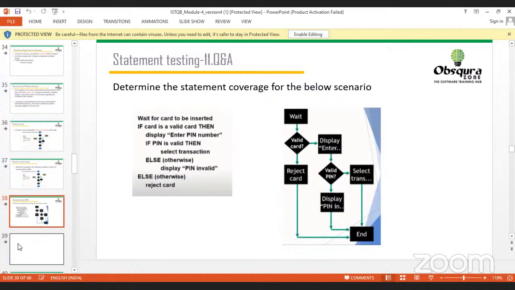How many paths are required here? Okay, 3. Yes, 3. Everyone, I think they have mentioned 3.